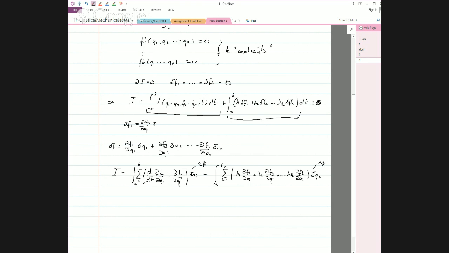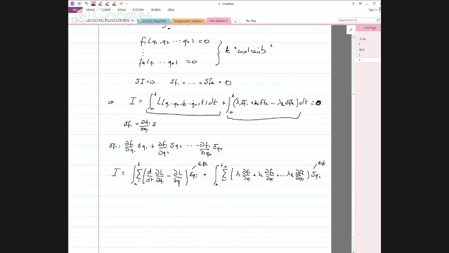However, the delta qi's are not independent, so we can't choose a different phi for all the q's. Each delta q has its own phi function. We're modifying each of these q's according to different functions phi. But we're not free to modify all of them. So they're constrained. So the terms in brackets are not all identically 0.